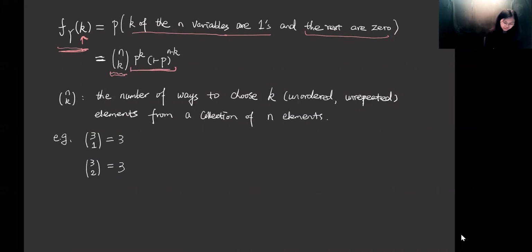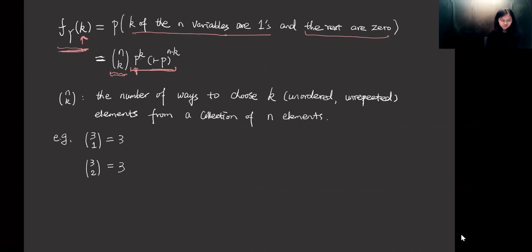Let's look at the probability of each outcome first. Each outcome consistent with k successes and n minus k failures should have probability p to the power k times 1 minus p to the power n minus k, because p is the probability of success and there are k of them, and 1 minus p is the probability of failure and there are n minus k of them.